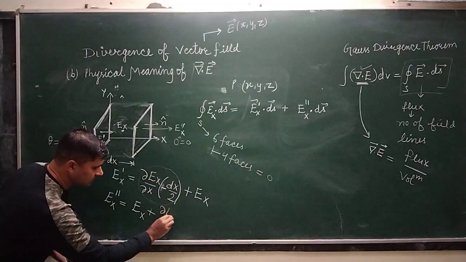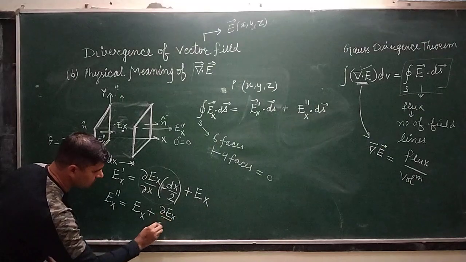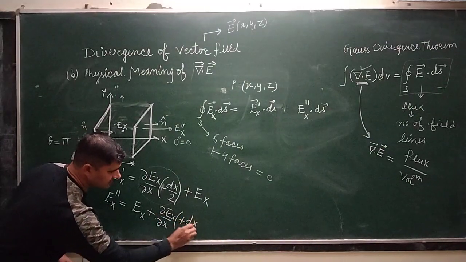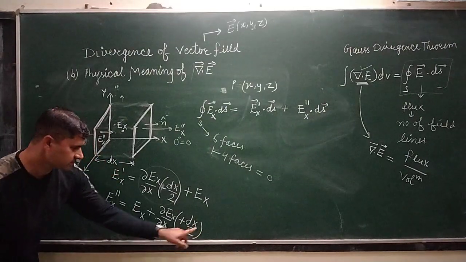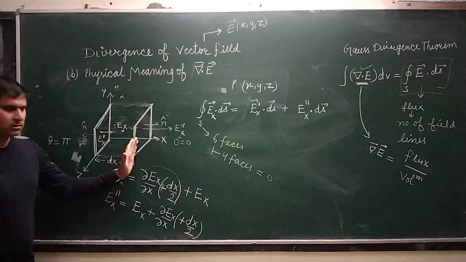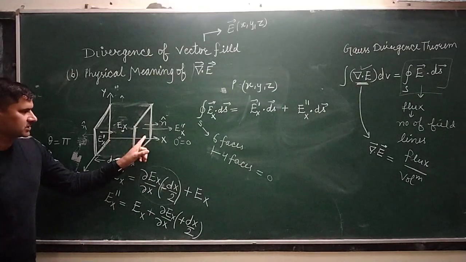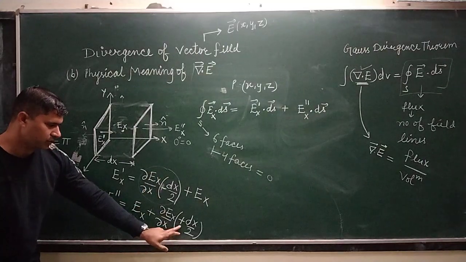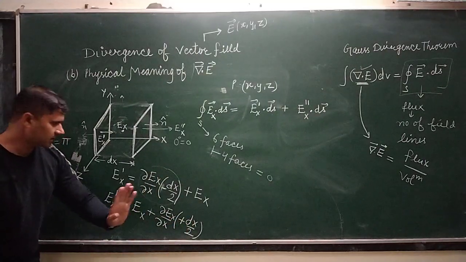This will be partial Ex by partial x into plus dx by 2. So plus dx by 2 is the distance you have moved from the midpoint to the second face along positive x direction. That's why I am putting here plus dx by 2.